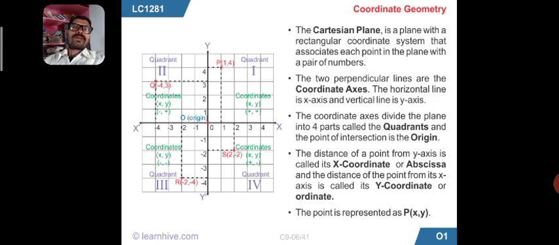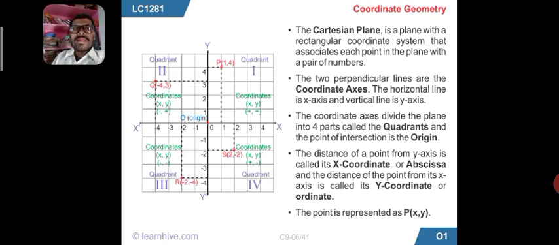That is 4 at the point P. In the point P, 4 represents the y-coordinate, or simply ordinate. The point is represented by P of (x, y), which together are called coordinates. That is, (x, y) in the bracket represents the coordinates of that point.